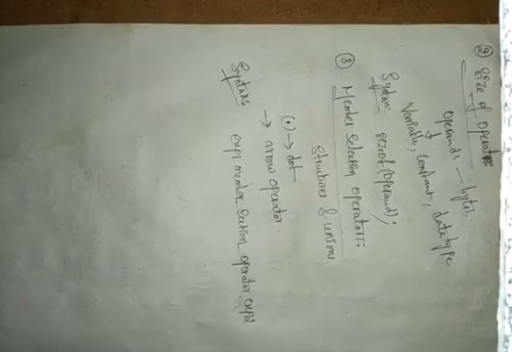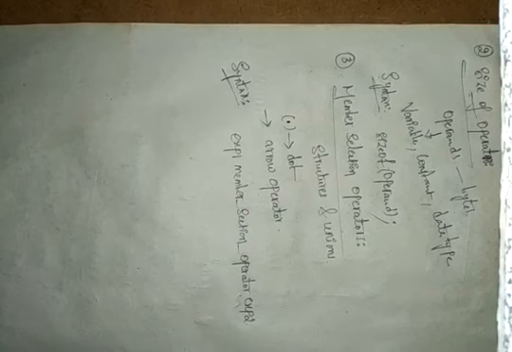In the arithmetic operators we have addition, subtraction, multiplication, division, and modulus division. Next, the relational operators: less than, greater than, less than or equal to, greater than or equal to, equal to, and not equal to.